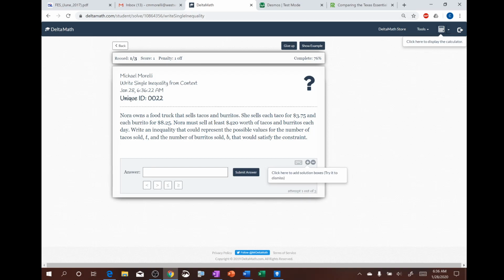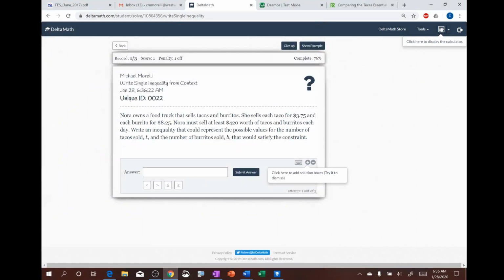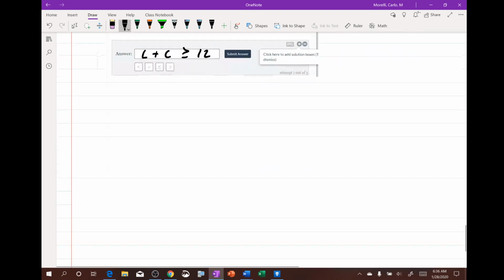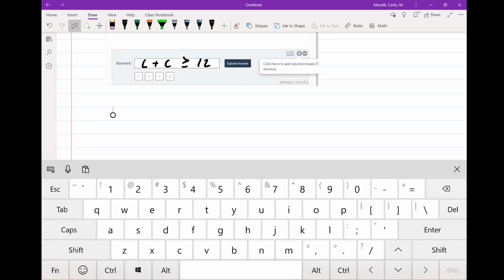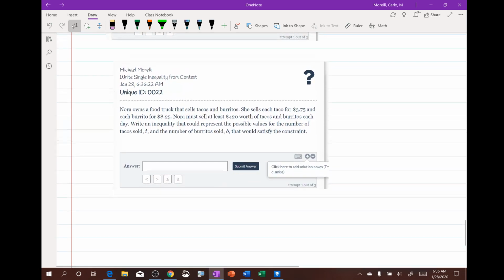Okay, now we're going to write a single inequality from context. Let me grab this. Okay, Nora owns a food truck that sells tacos and burritos.